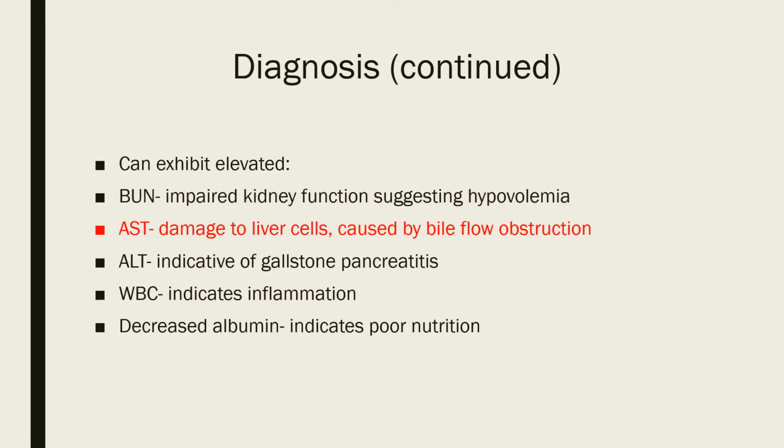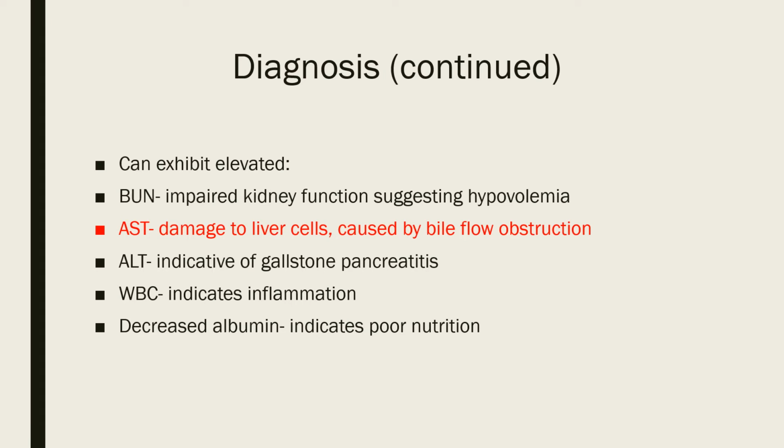Ladies and gentlemen, listen up one more time. The BUN will be elevated because of impaired kidney function, because your client will be dehydrated. There will be hypovolemia. The AST level will be elevated.